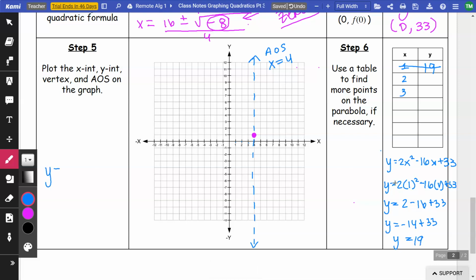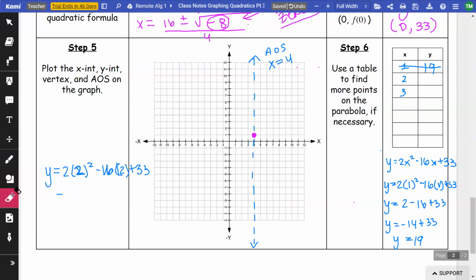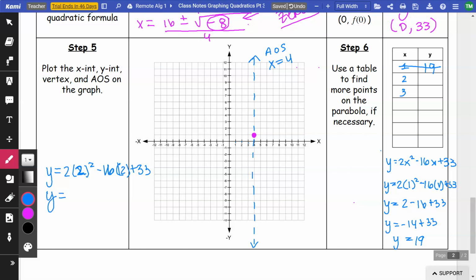So y is equal to 2 times 2 squared minus 16 times 2 plus 33. So y is equal to 2 squared is 4, times 2 is 8. 16 times 2 is 32.